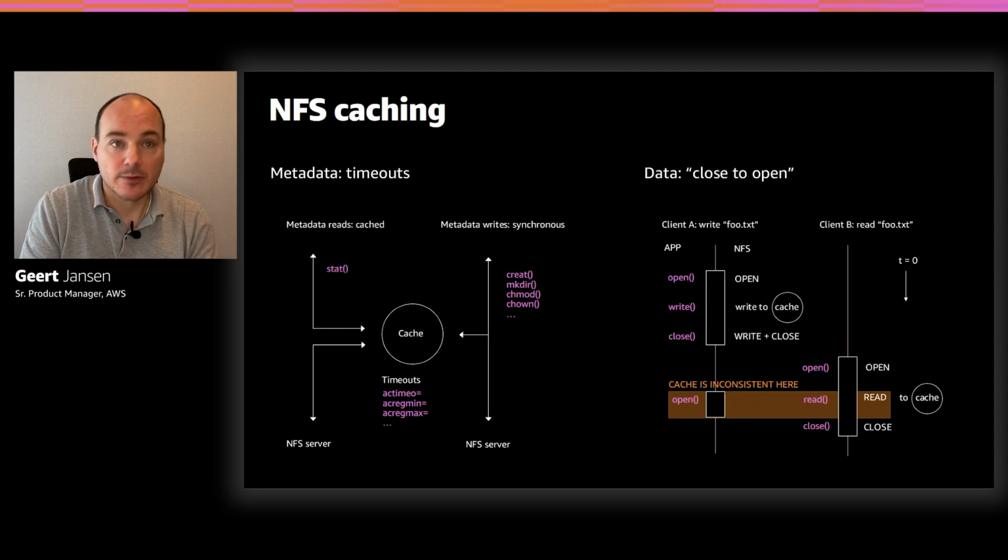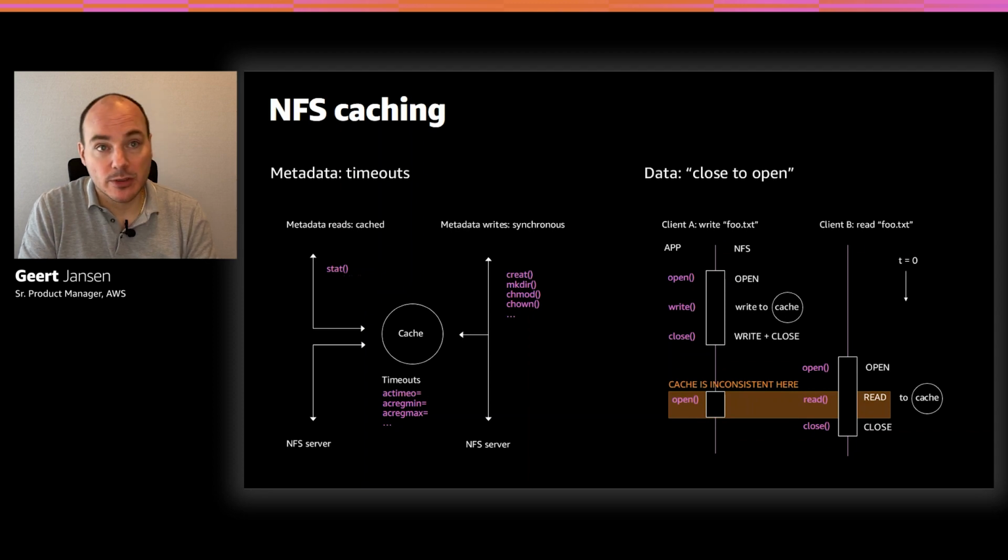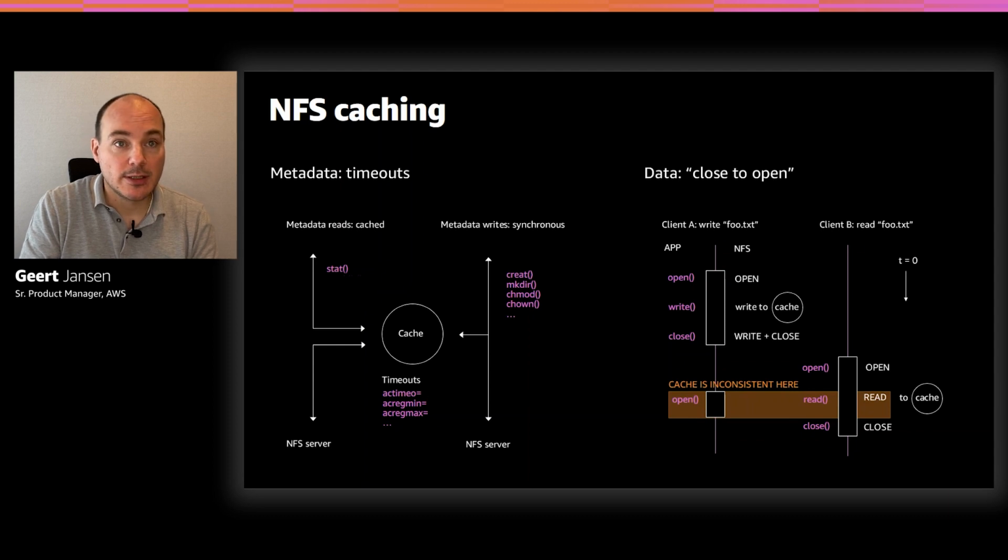If you read, for example, the attributes of a file using the stat system call, that data can be served from cache if it is available. Entries in the cache have a time to live, by default anywhere between 3 and 60 seconds. So getting data from the cache might mean that you get the latest data, but it might also mean that you get stale data that was modified on another instance anywhere between 3 and 60 seconds ago.